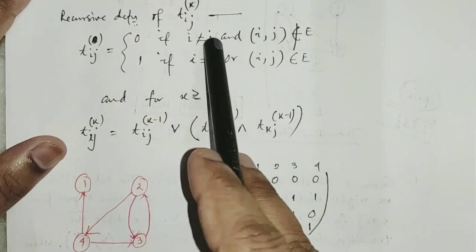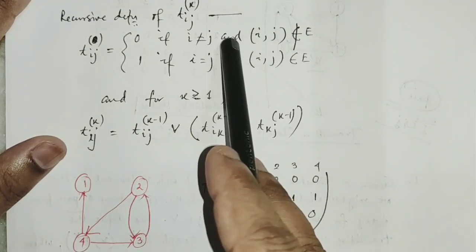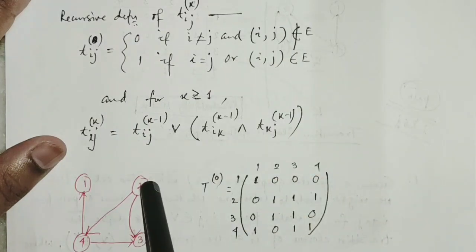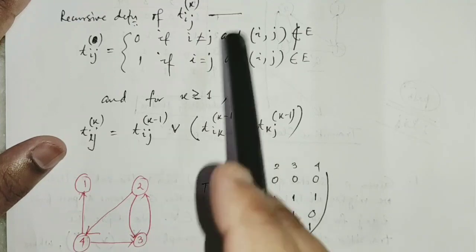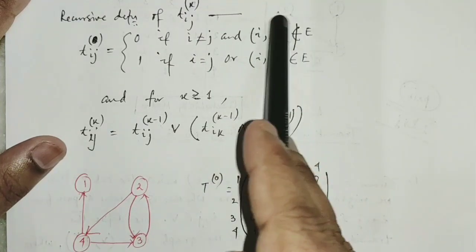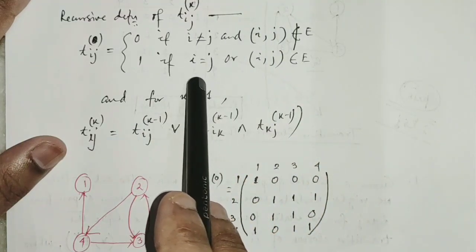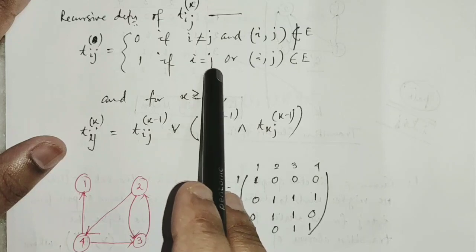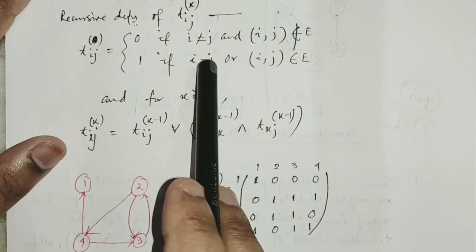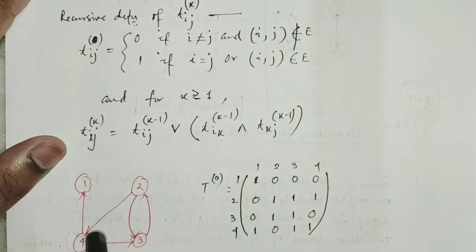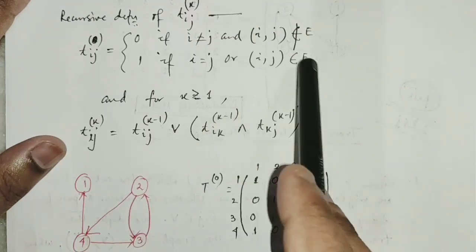2 to 3: i is not equal to j, and is there any edge from 2 to 3? Yes, there is an edge, fine. So the second condition violates, though the first condition is true. You come to the second one. 2 equals 3 is false, the first one is false, or 2 to 3, yes, there is an edge.